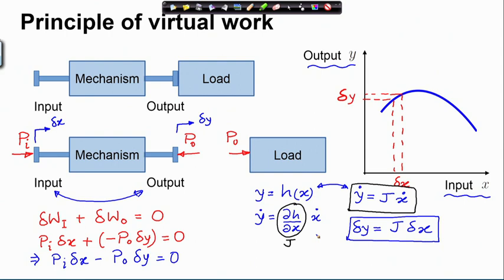So, therefore, using this I can rewrite this as Pi delta x minus Po and J times delta x, and that is equal to 0.